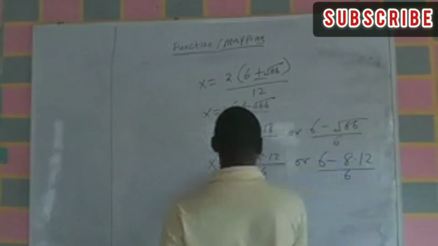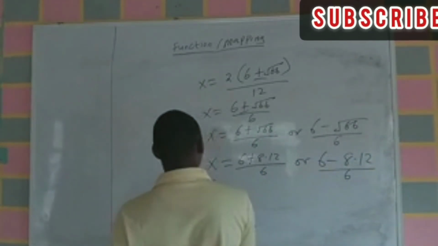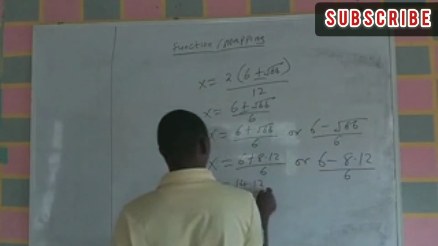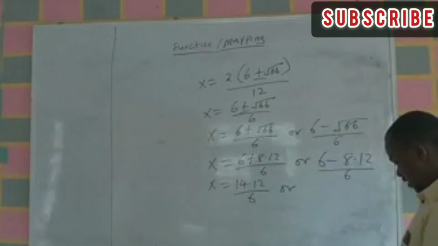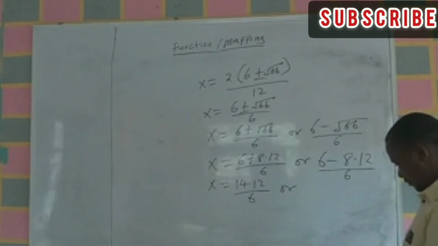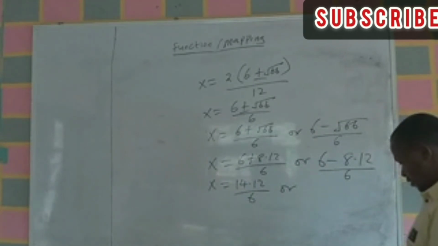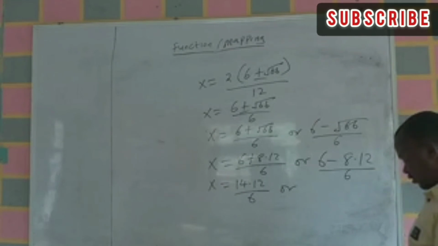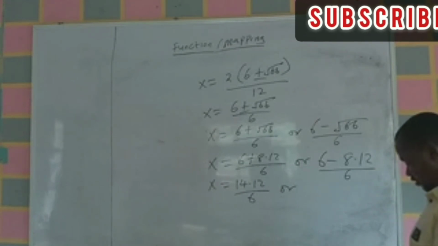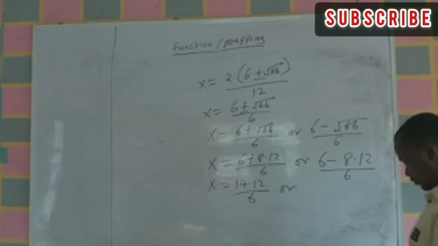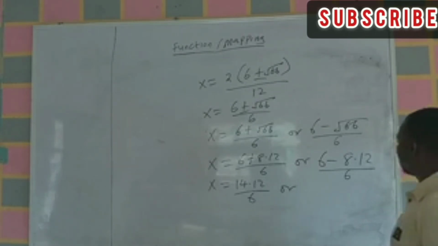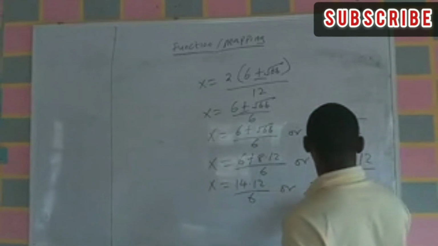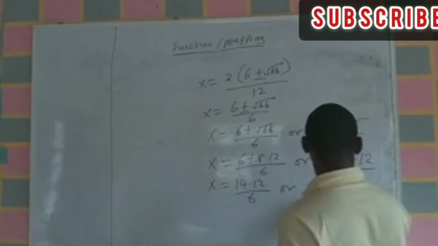This is 14.12 over 6, or subtracting, minus 2.12 over 6.